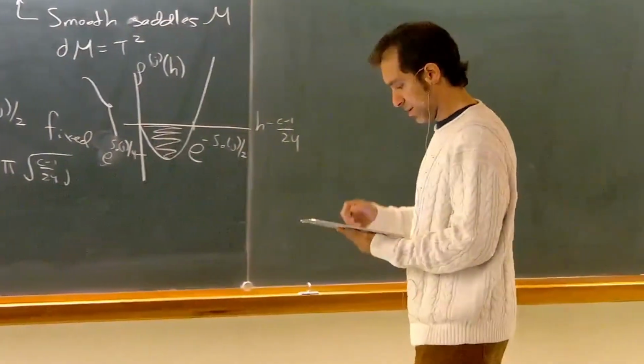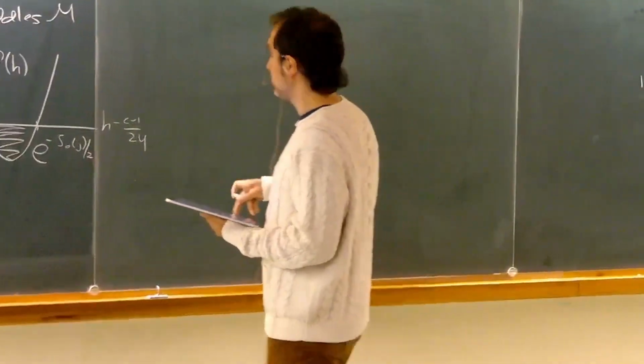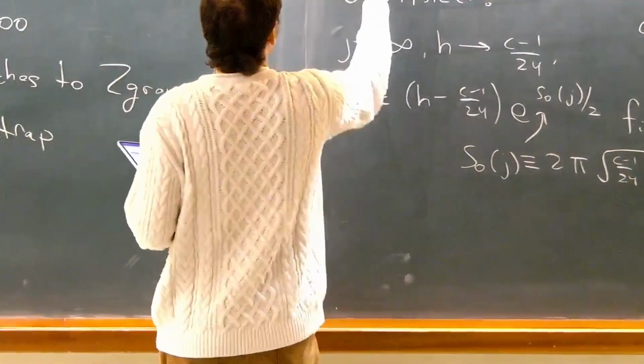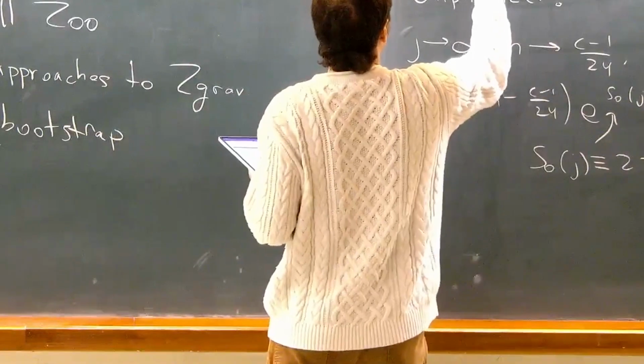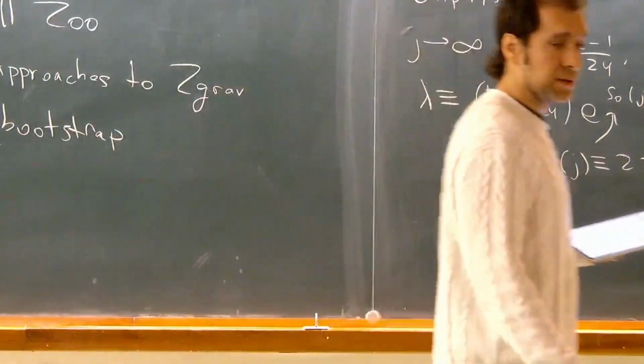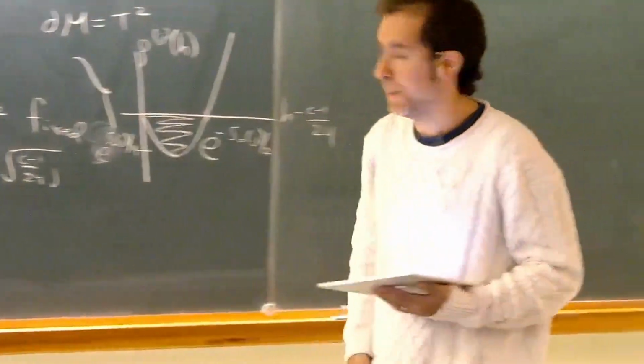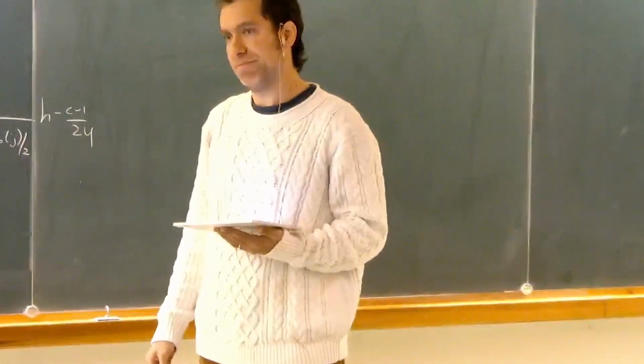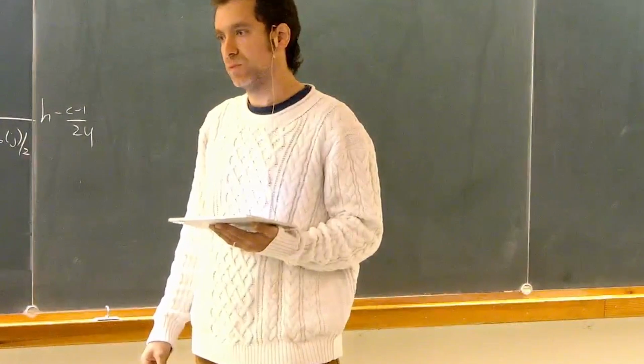Okay. Now, in anticipation of trying to do better. Sorry, do I understand correctly? The depth is e to the S naught, and the width is e to the minus S naught? So there's of order one state there?